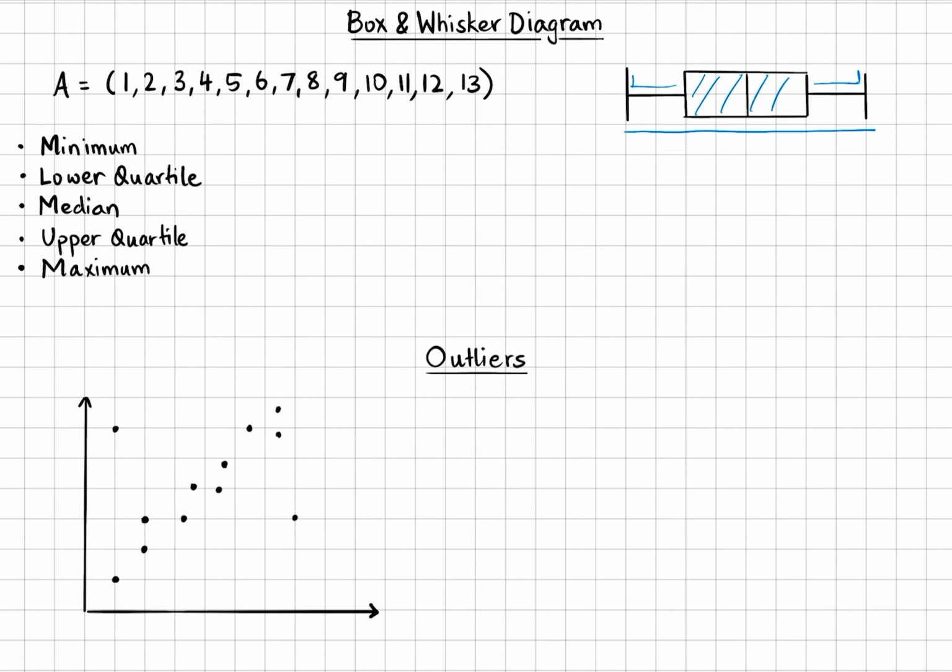To draw a box and whisker diagram, we first need to have a data set, which I have right here. And then we just need 5 pieces of information to draw the diagram. That's all we need. The 5 pieces of information are the minimum value, the lower quartile, which I mentioned in the previous video.